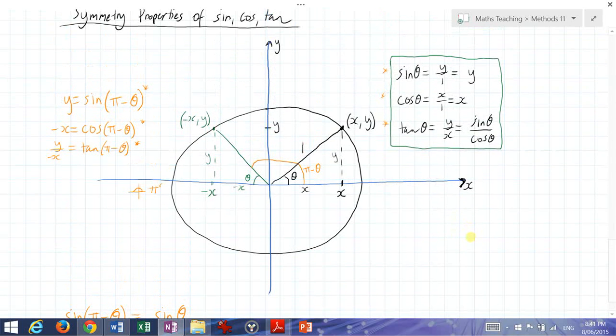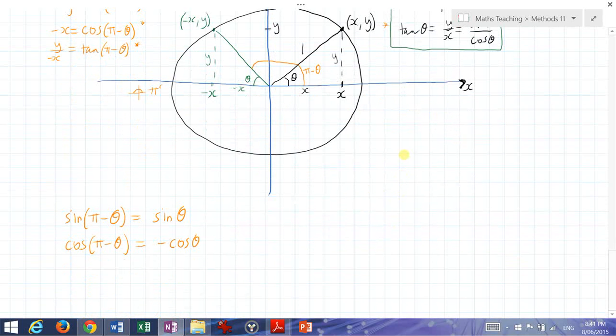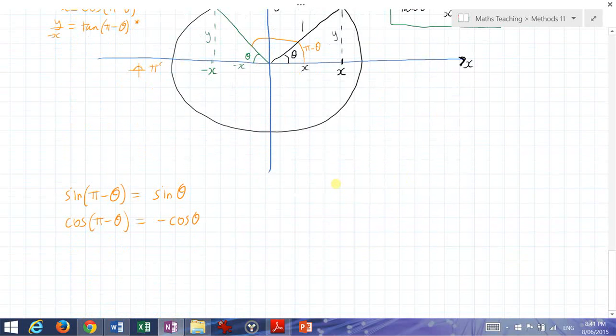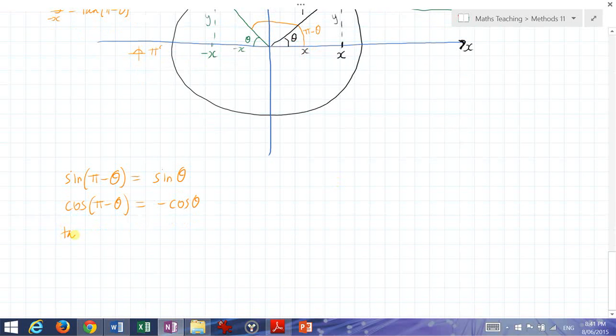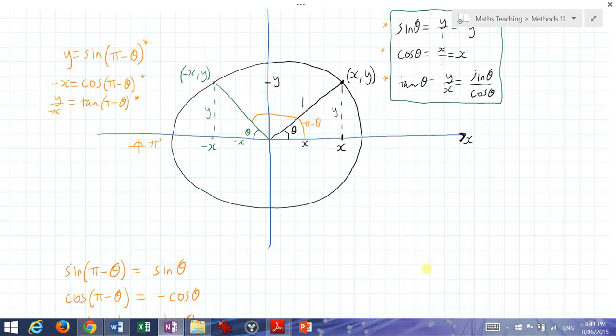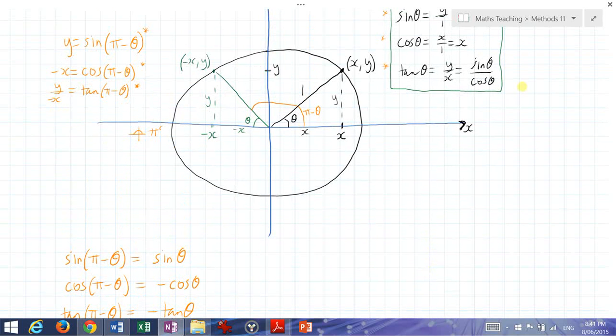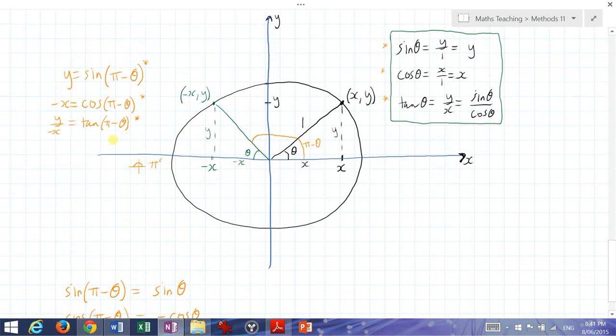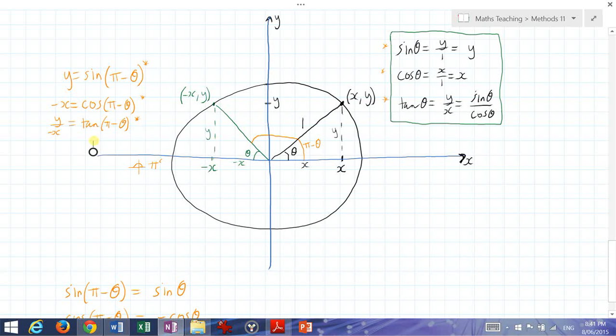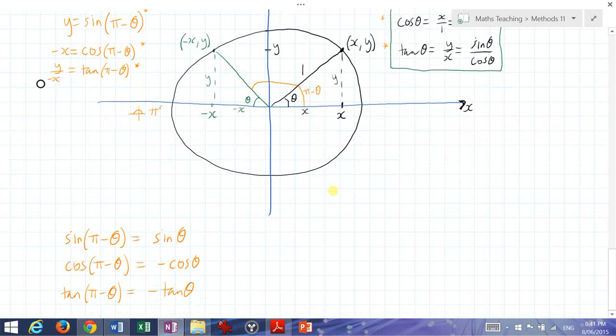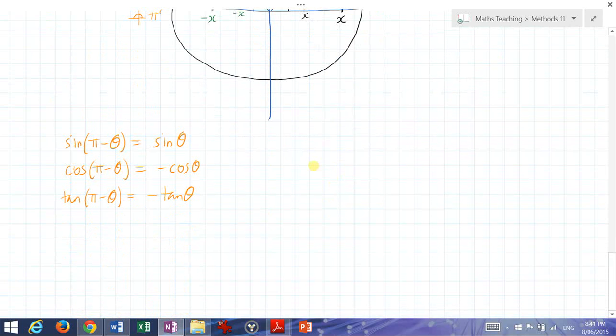Cos of theta is x, but cos of pi minus theta is the negative of that, negative x. Tan of pi minus theta equals negative tan theta. The tan of theta is y on x, but tan of pi minus theta equals y on negative x. The negative. That's one symmetry.